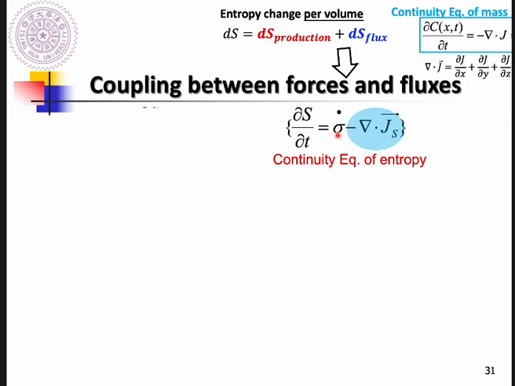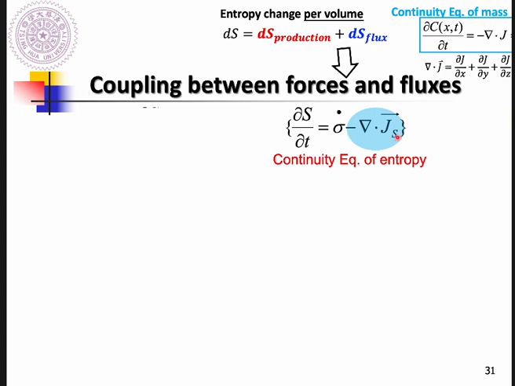We call this the continuity equation of entropy, because the total entropy change rate equals the production rate plus the interaction with the surrounding cells, meaning the entropy flux interaction with the surrounding cells.